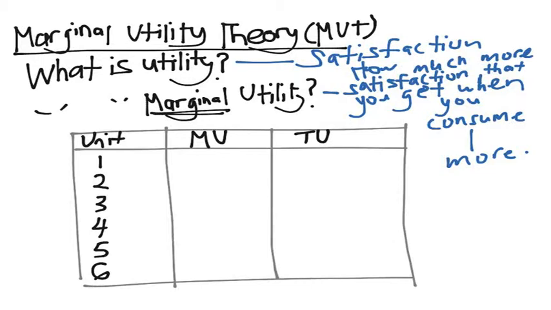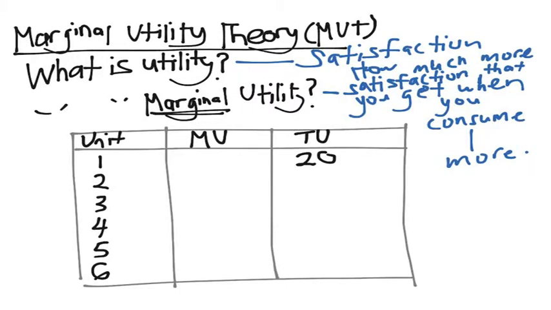Okay, so I'll show you an example to calculate marginal utility, and also to understand what is marginal utility and what is total utility. So imagine now you're very hungry, and I give you a piece of bread. When you eat the piece of bread, you feel very satisfied, right? Let's say I ask you to rate your satisfaction from 1 to 100. Maybe you say you are 20% satisfied.